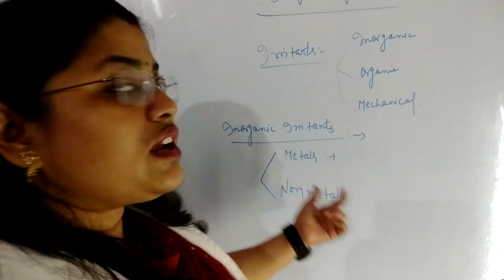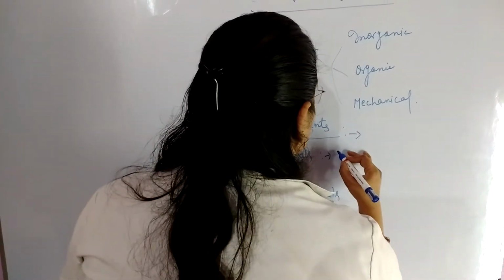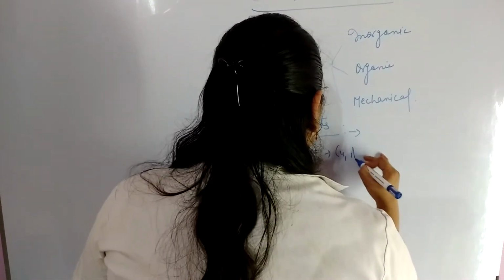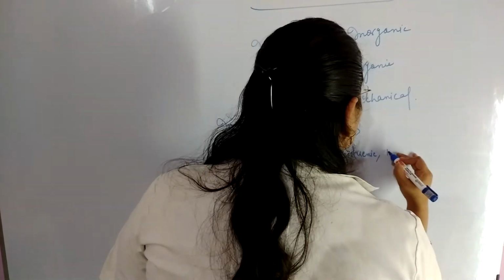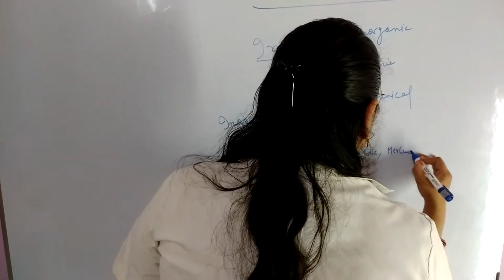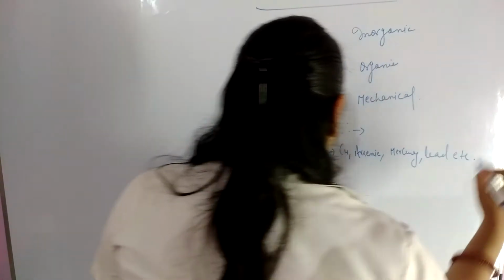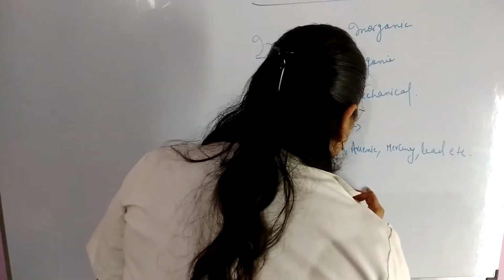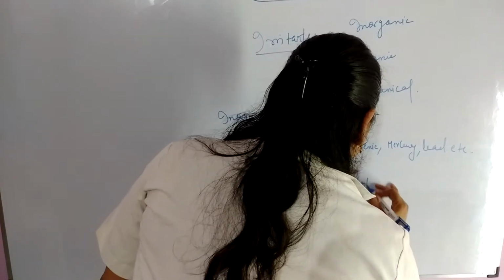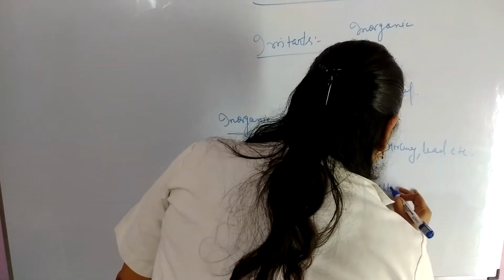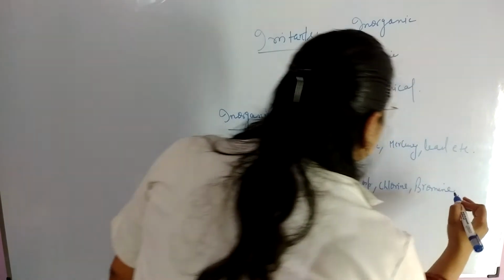The metallic poisons include heavy metals like copper, arsenic, mercury, lead, etc. While non-metals include phosphorus, chlorine, bromine and iodine poisoning.